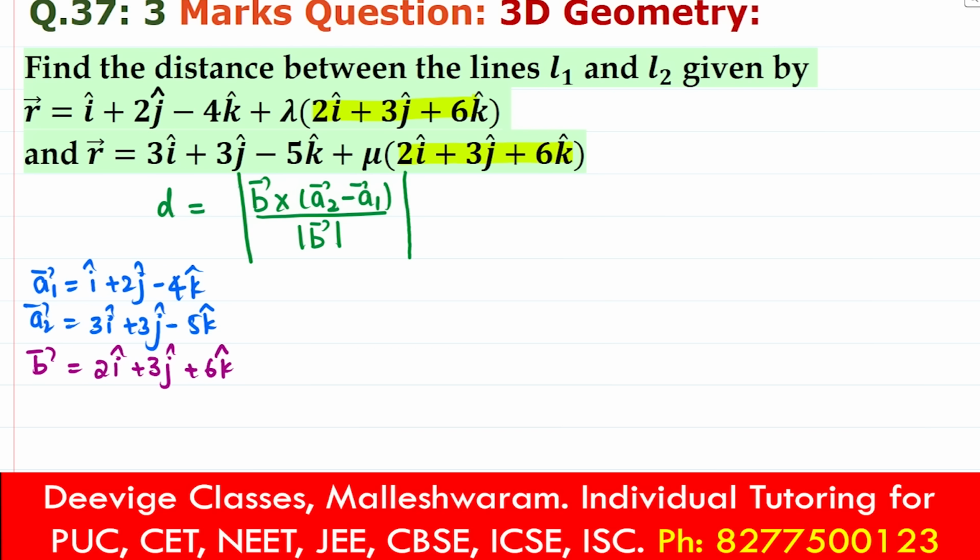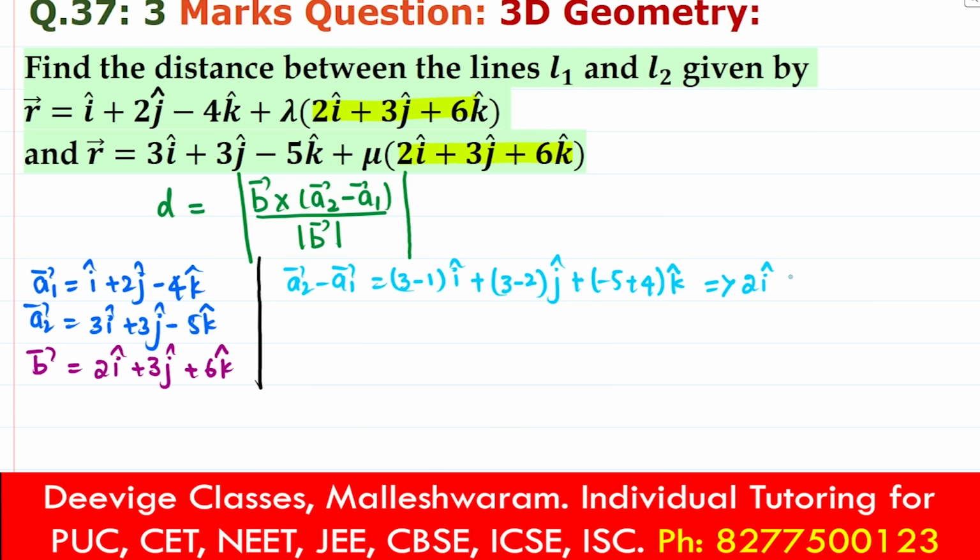Okay, first find out A2 minus A1. A2 minus A1 will be equal to 3 minus 1 i cap plus 3 minus 2 j cap plus minus 5 minus into minus plus 4 k cap, which is equal to 2i cap plus j cap minus k cap.